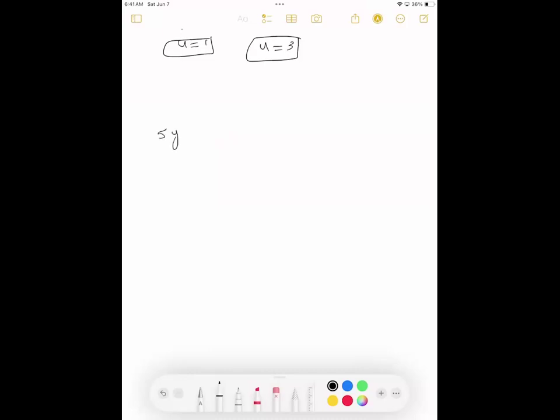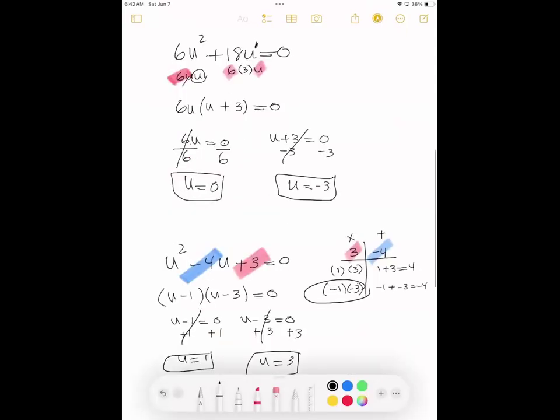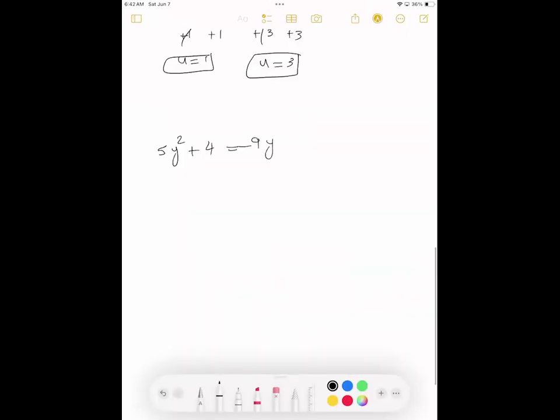We have 5y to the power 2 plus 4 is equal to negative 9y. To solve this problem, we want to have 0 on one side. So again, I did the same thing here. And for this problem, we have to do the same thing. We want to move everything to one side and have a 0 on one side. And rearrange them neatly.